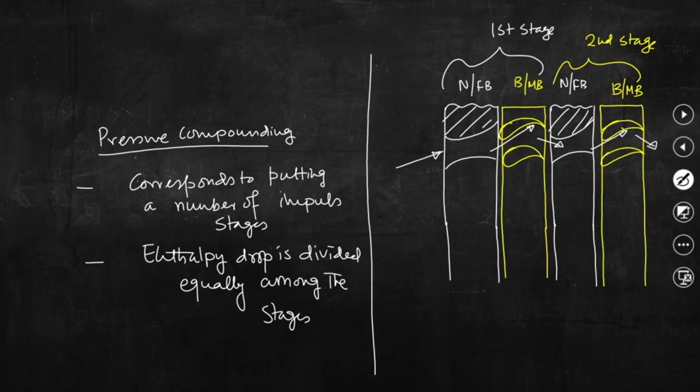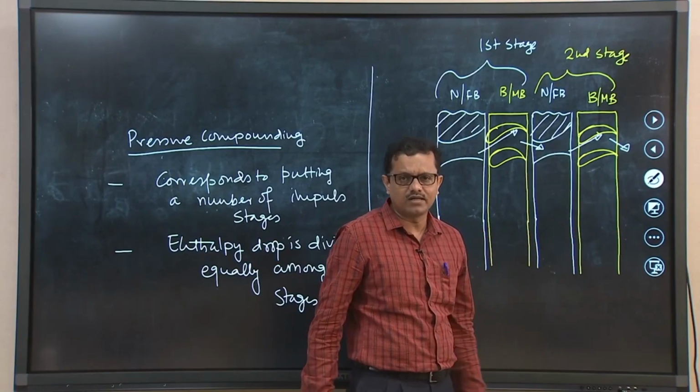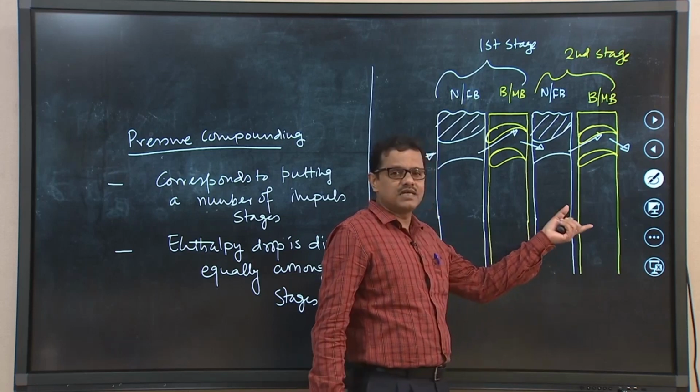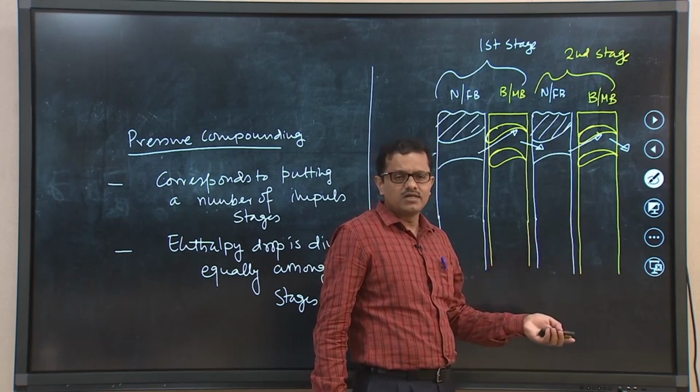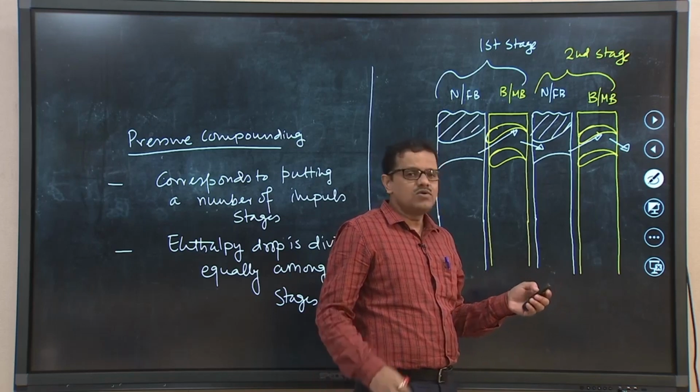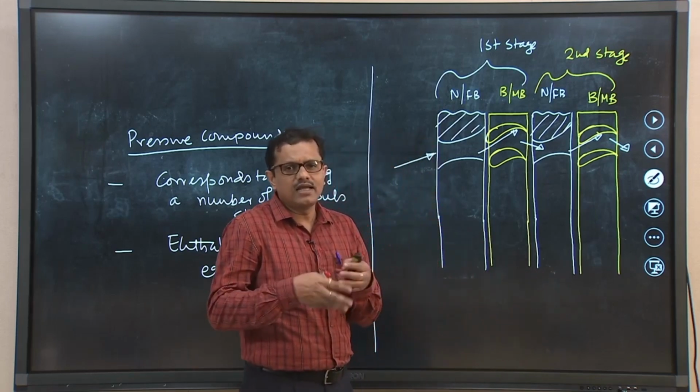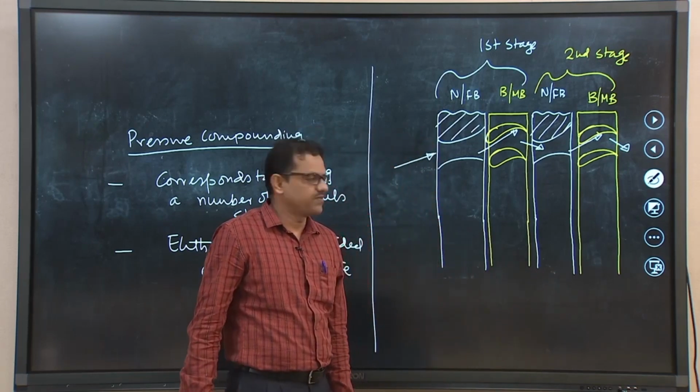So, we may have another stage, that is a third stage, fourth stage, fifth stage, depending upon the requirement. So, the number of stages required is highly dependent on the total enthalpy drop.